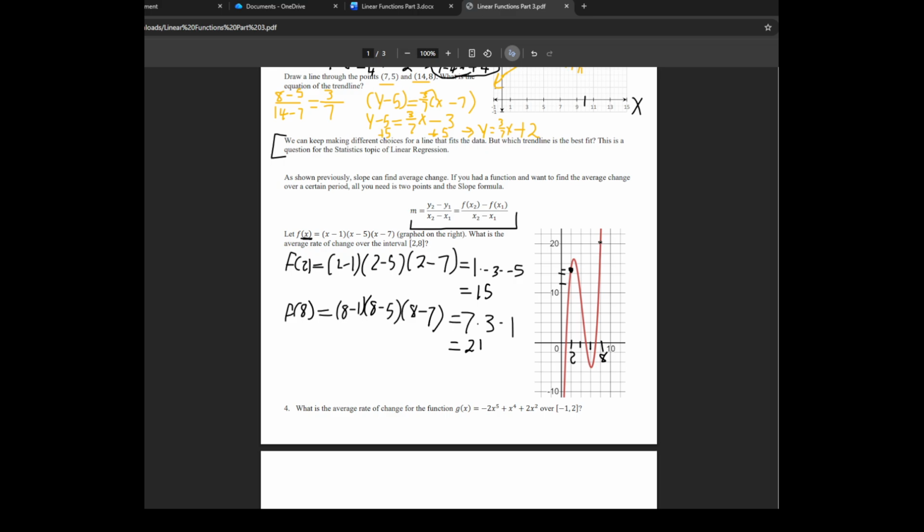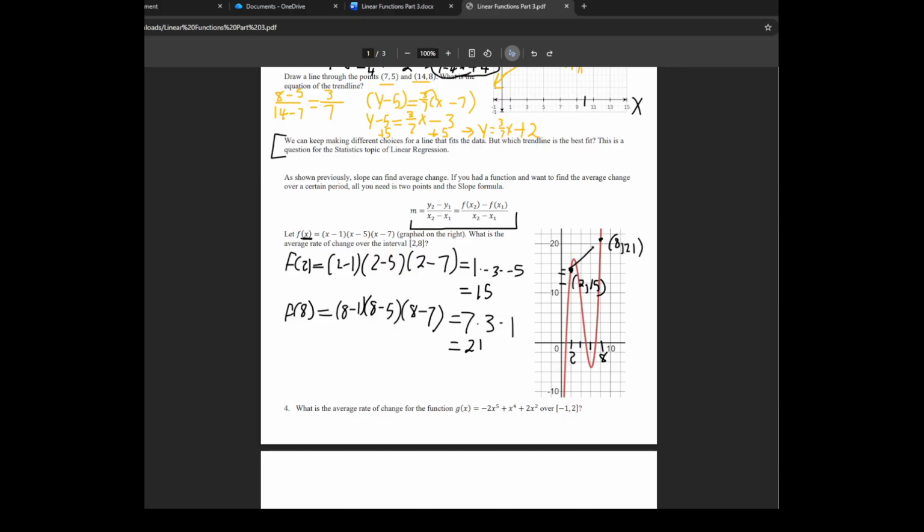So this point is at (2, 15). This point is at (8, 21). So we want to find the rate of change between these 2 points. So what's happening to the function if we're just looking at these 2 points, ignoring everything else?